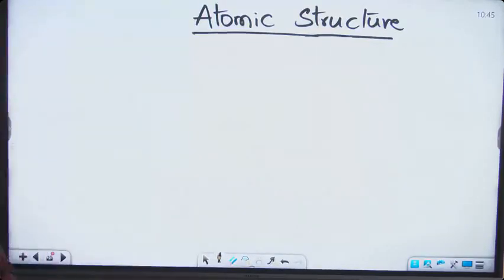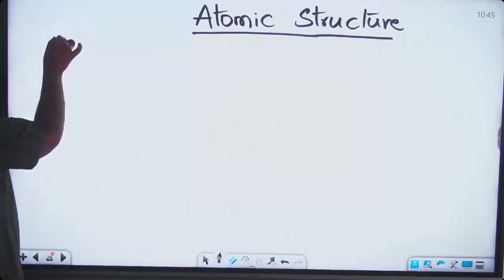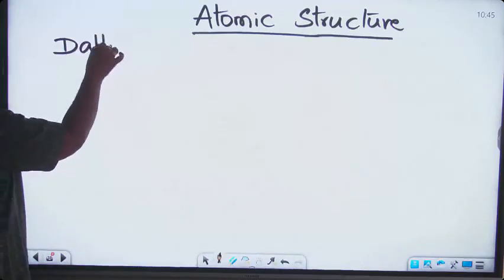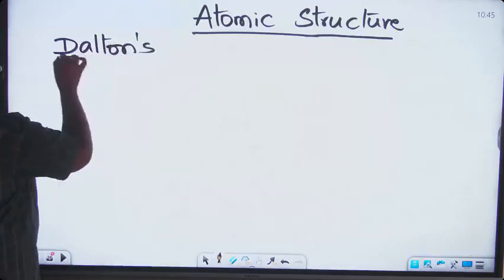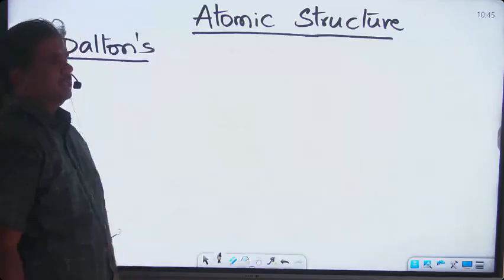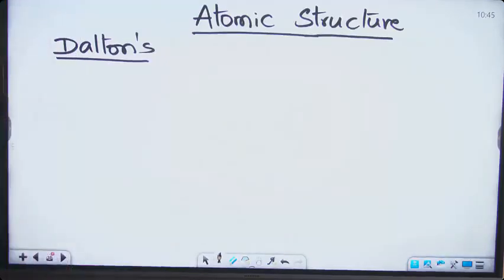Now the moment you're talking about atomic structure, regarding atoms, the very first theory that was proposed was Dalton's atomic theory. So regarding atoms, the very first theory was proposed by John Dalton.